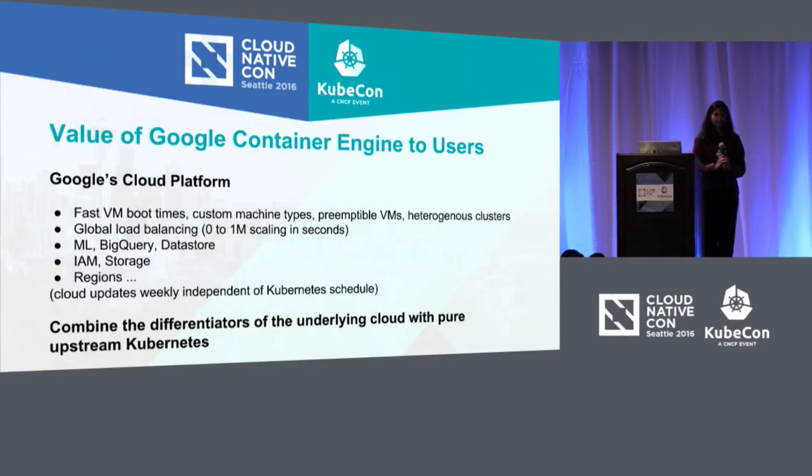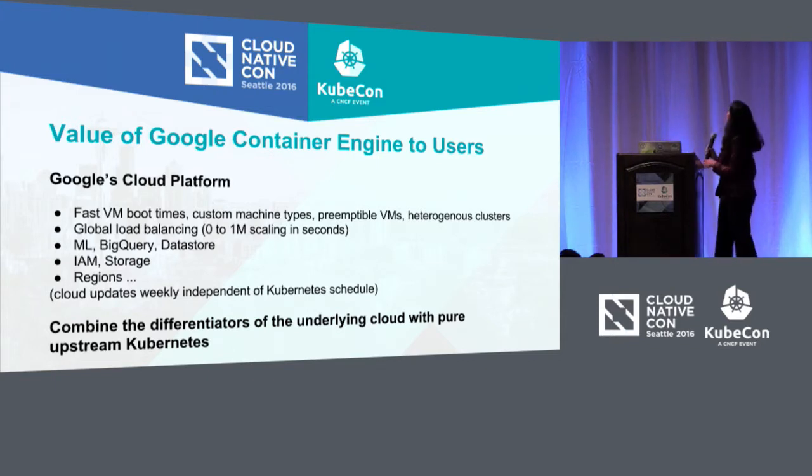The second piece of the user value is really kind of independent of Kubernetes. It comes from the Google Cloud Platform itself. And what we try to do is combine the differentiators of the underlying cloud platform with Kubernetes. So some of the features that we'll be discussing and demoing today will be examples of this.